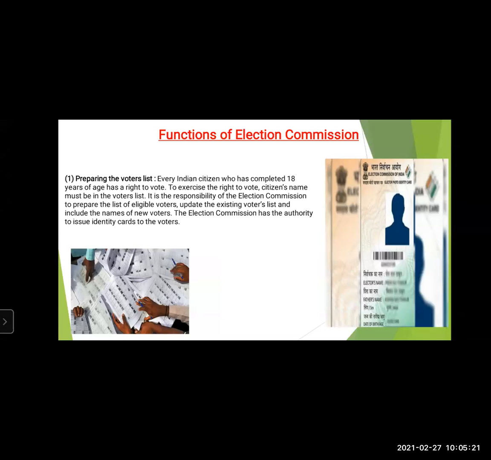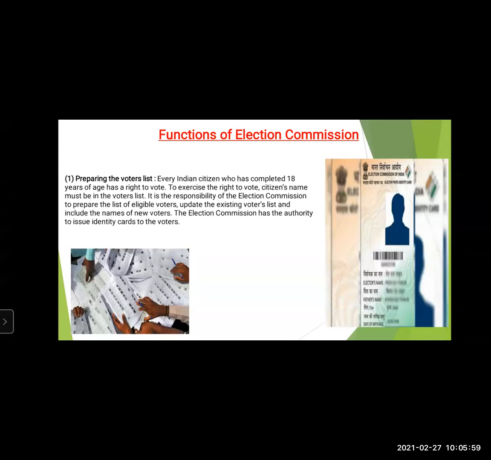As new persons attain voting age, meaning those who have completed 18 years, their names have to be added to the voters list. Names of those who have moved out of the place, or are no longer existing or are dead, are deleted. Persons who have completed 18 years are eligible for registration and eligible to vote after the name is published in the voters list. All this responsibility is carried out by the election commission while preparing the voters list.